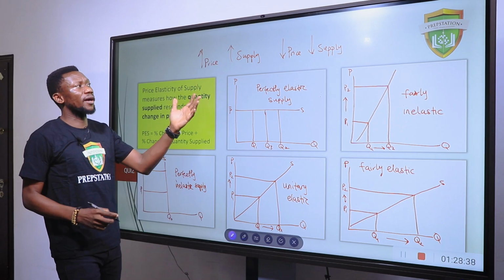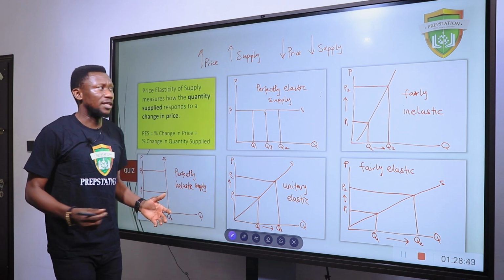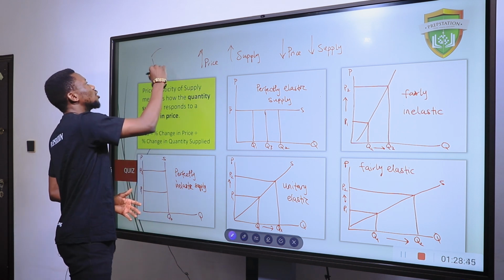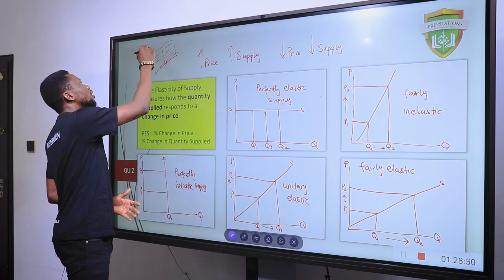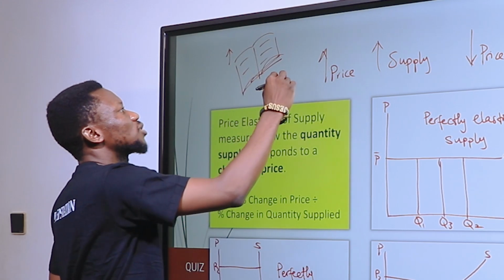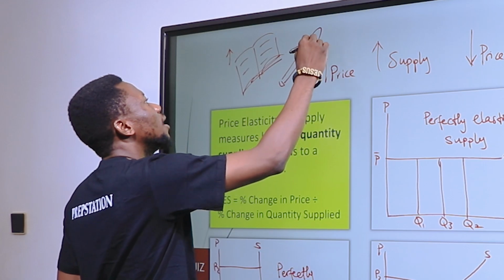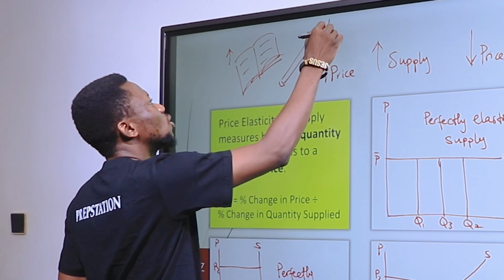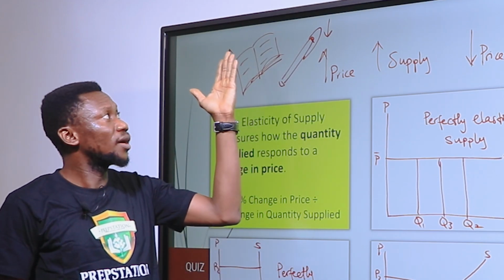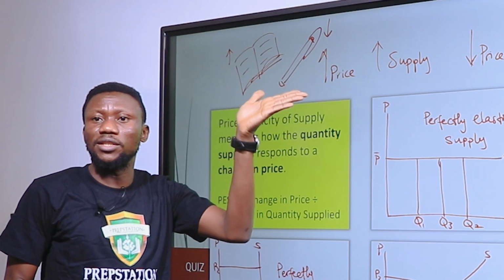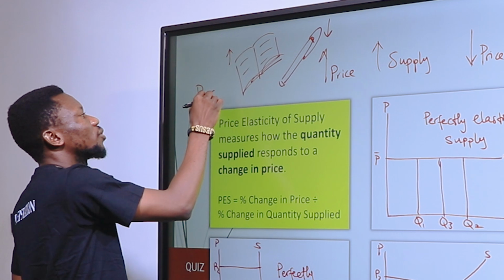And this explains why, if you own a shop and you sell books and you sell pens, and let's say the price of books increases and the price of your pen does not increase, so this price goes down, it's only logical for you to sell more of the one whose price is going up and sell less of the one whose price is going down, because the goal is for you to make more profits.